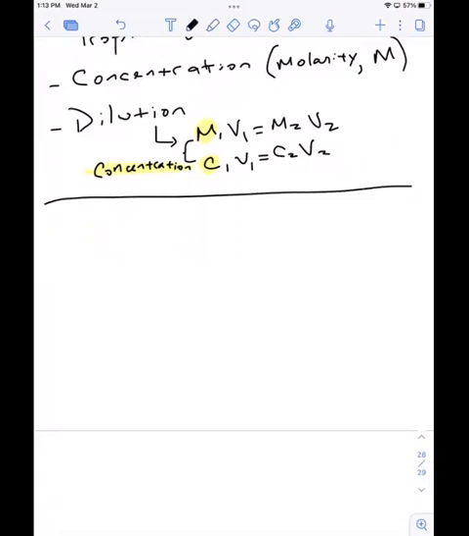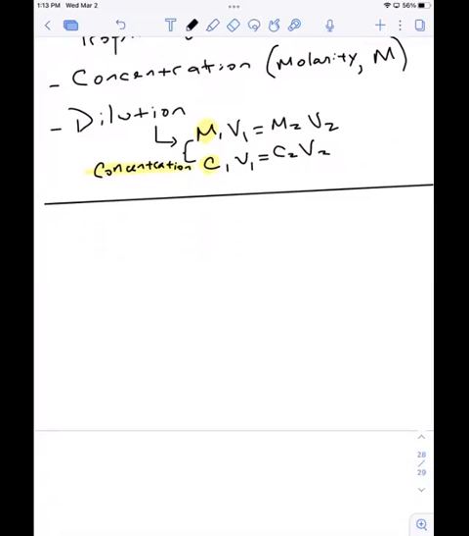We've actually encountered this already when we were talking about matter and different states and types of matter. We talked about pure substances, then compounds and elements, and then mixtures. A solution is a type of mixture.